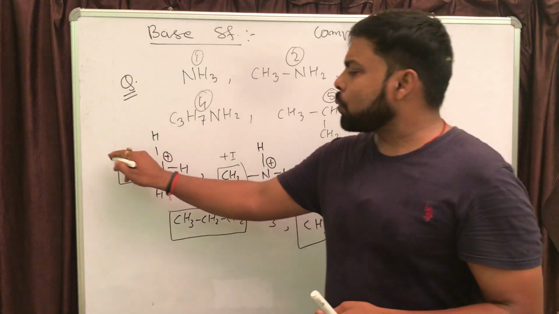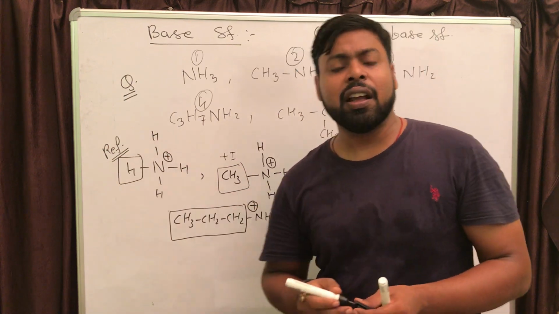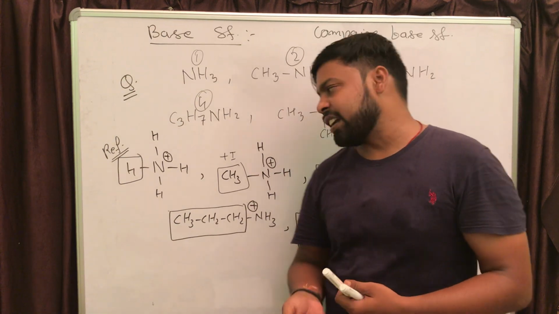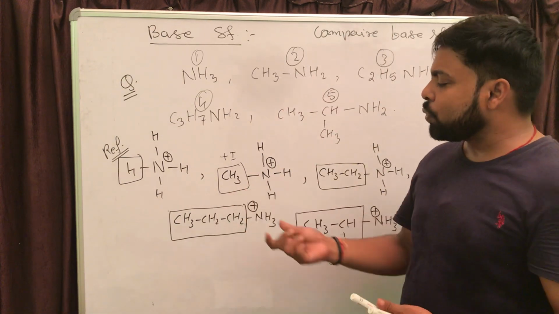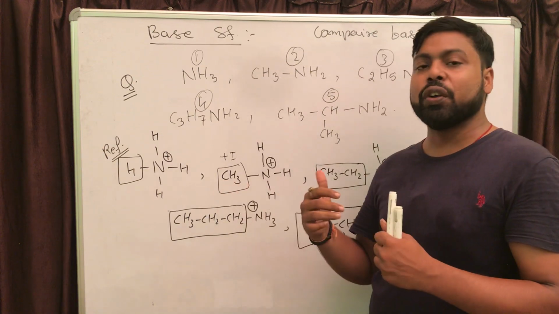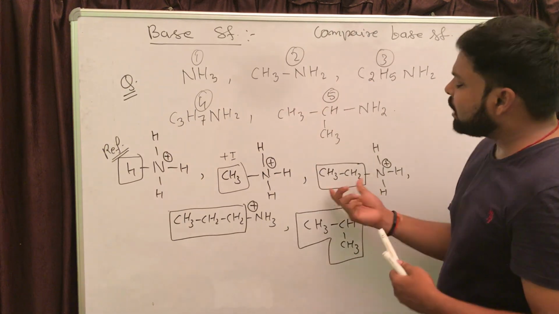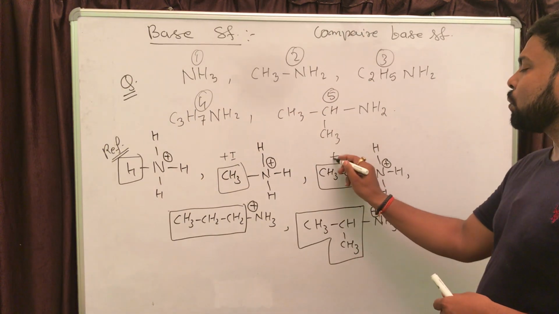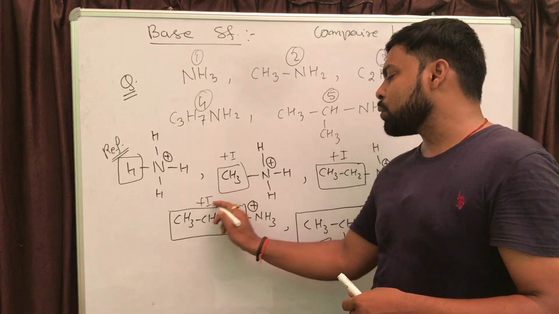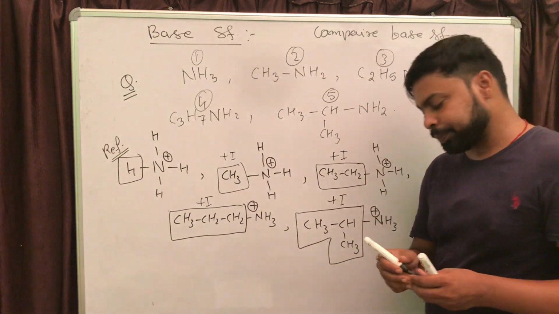Now hydrogen is our reference. Hydrogen cannot donate or pull electrons by using inductive effect. CH3 is going to use its plus I effect. Plus I effect means it is going to donate its electron by using inductive effect. Similarly, ethyl is also going to use plus I effect. Propyl is also going to use plus I effect, and isopropyl is also going to use plus I effect.